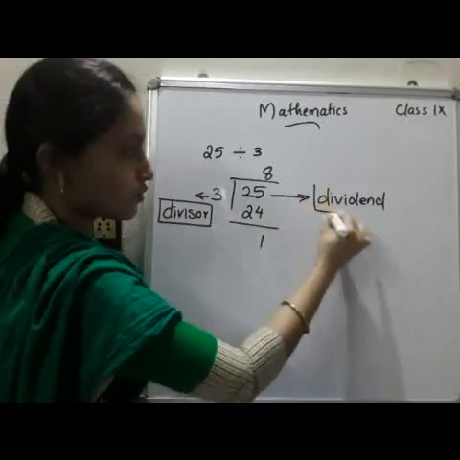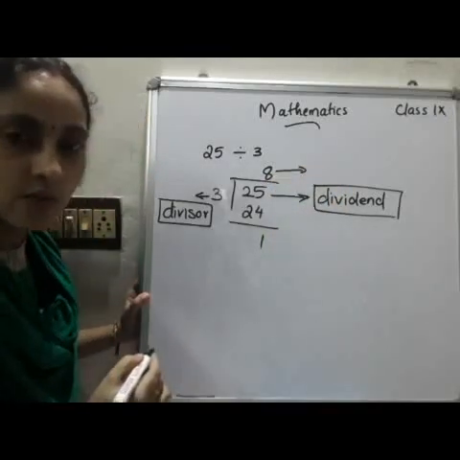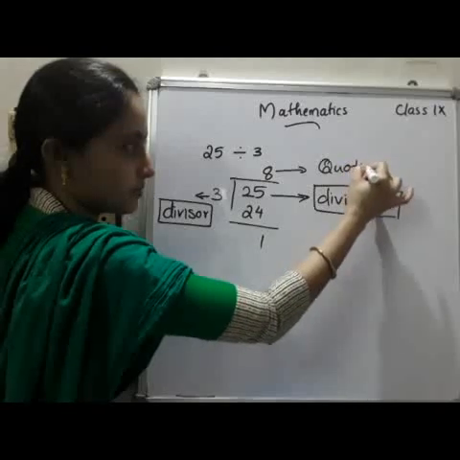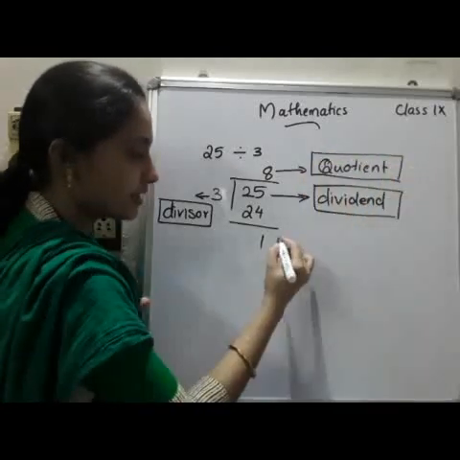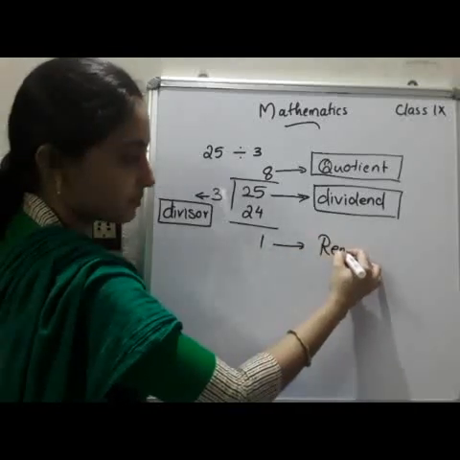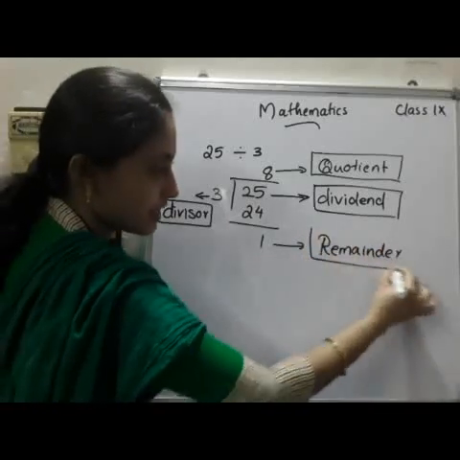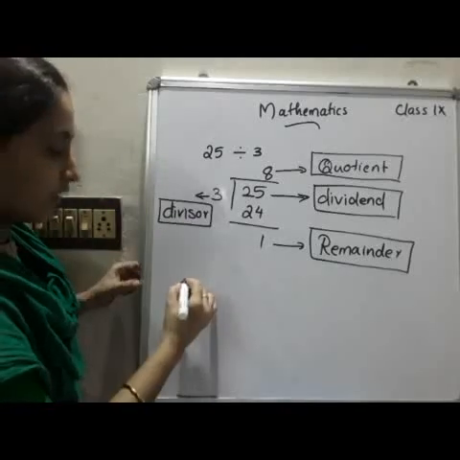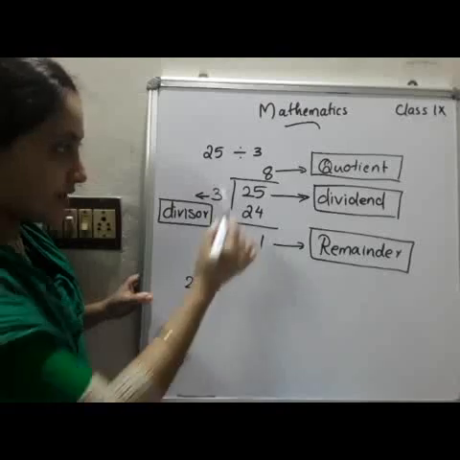3 is the divisor and 25 is the dividend. And what is 8? Yes, 8 is the quotient. And what is 1? That you already know. 1 is the remainder. Okay. These all things you already know. Yes. So how can we write 25? 25 is equal to, how can we write?